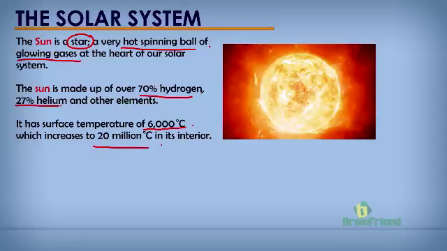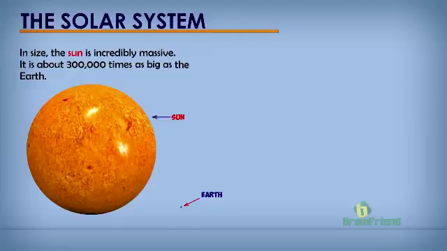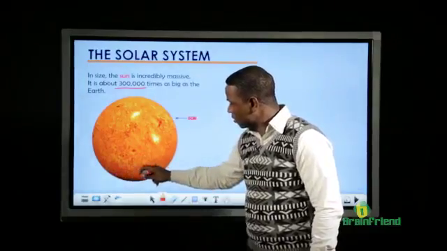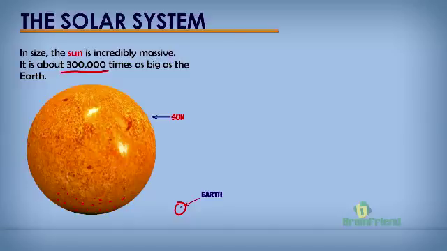The sun gives heat to our planet Earth. In comparing the size of the sun to the Earth, by ratio, the sun is 300 times larger than our planet Earth. In volume, if we were to fit the Earth into the sun, we would have close to 1 million Earths fitted into our sun.